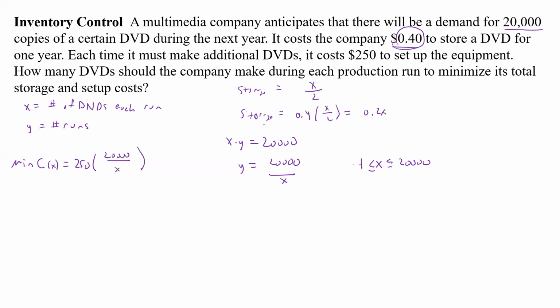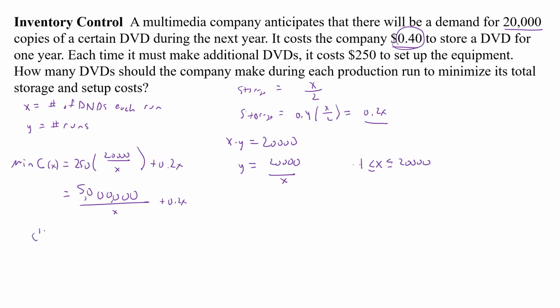And then we're going to have a storage cost, so plus 0.2x. That's the per run cost, and that's the storage cost. Those add together to get our total cost, and we want to minimize that. And so if we multiply that out, that's going to be 5,000,000 divided by x, plus 0.2x.